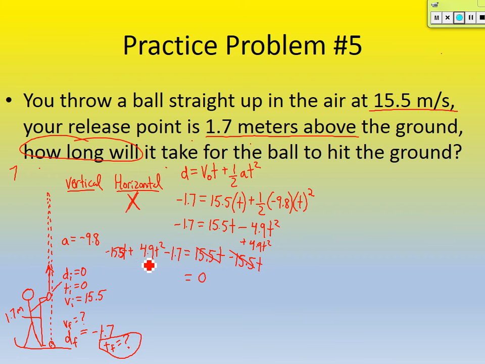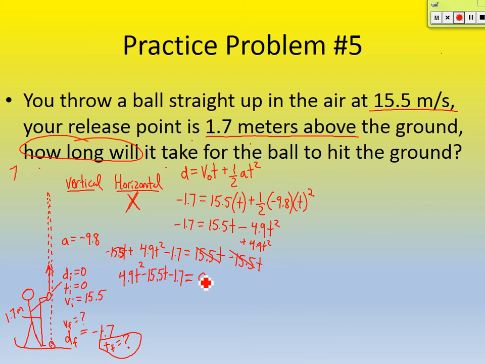I always like to put my t squared term on the far left, so it's going to be 4.9 t squared minus the 15.5t minus the 1.7, and that's going to be equal to 0. And so this is a quadratic equation.